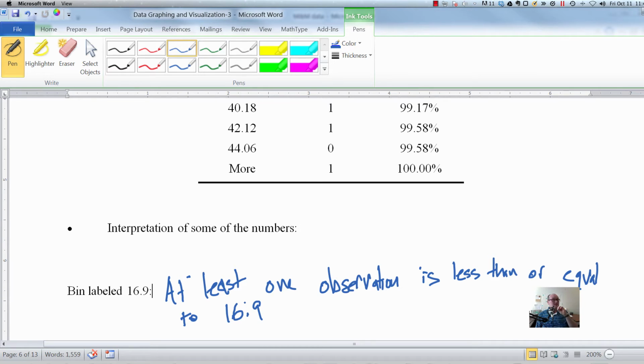Less than or equal to 16.9. I just want to make sure I got that right. Yeah, that's right. At least one observation is less than or equal to 16.9. All right. Great. So what's the next question?